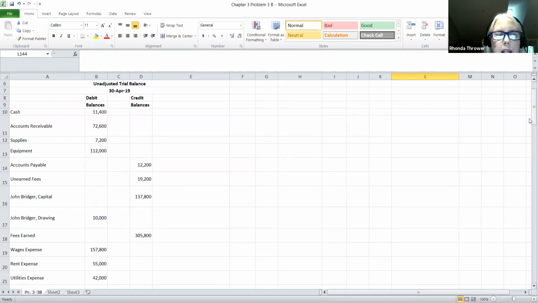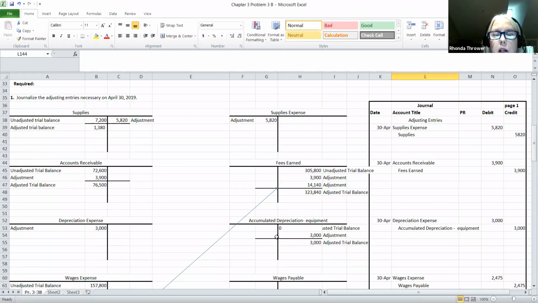So most likely this is equipment that we have bought sometime during this year, and now we're going to have this accumulated depreciation account that we have to create to go with the depreciation that is being allocated over the life of the equipment. The cost of the equipment is being allocated when we depreciate. The amount is $3,000.